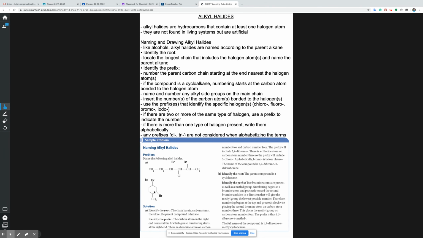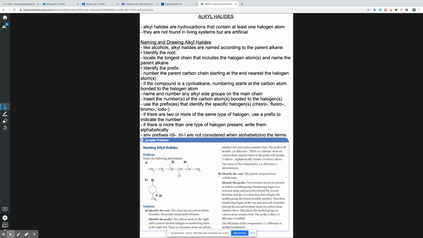Then this next one, again, count up the parent chain. We have 6 carbons, so a hexagon. We have bromo groups coming off. We want the lowest possible number, so this would be 1, 2, 3, and then the methyl group would be carbon 4. If we went the other way, it would be 1, 2, 3, 4, 5.